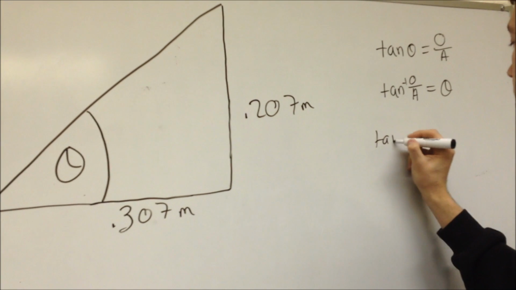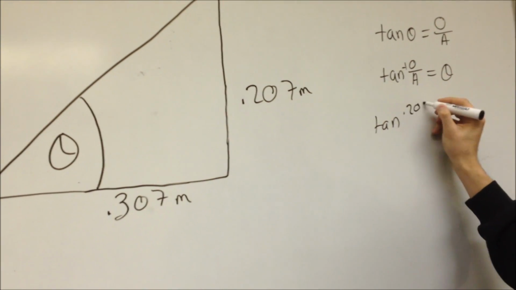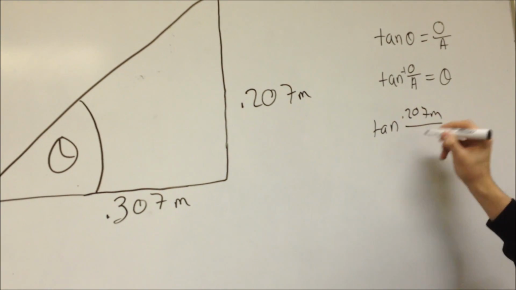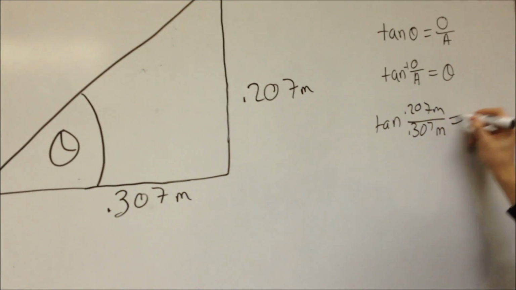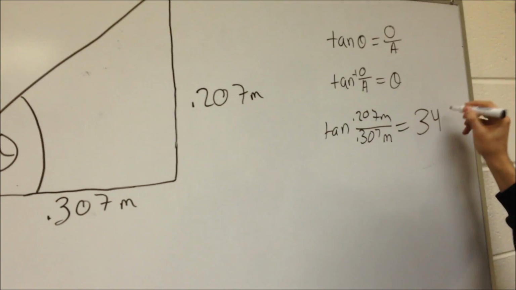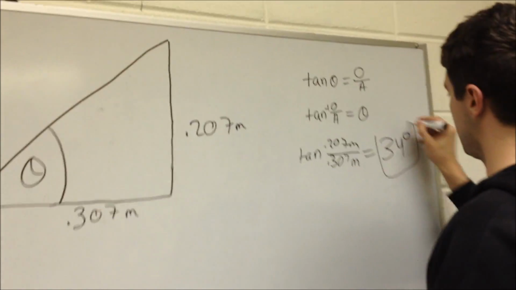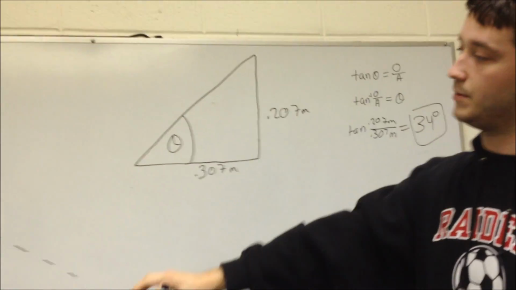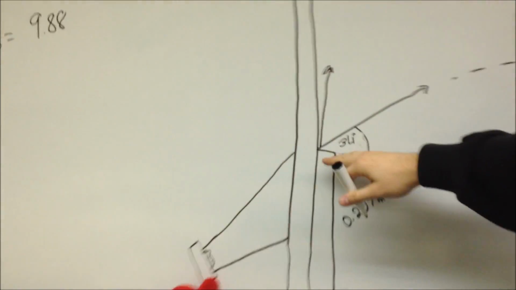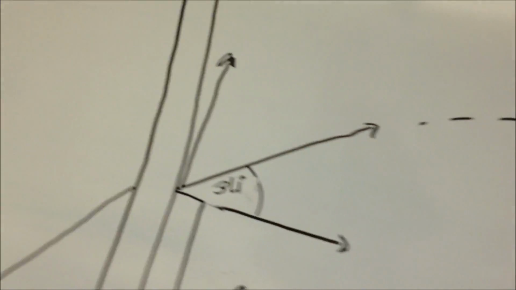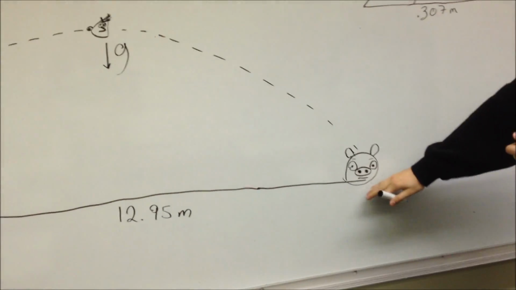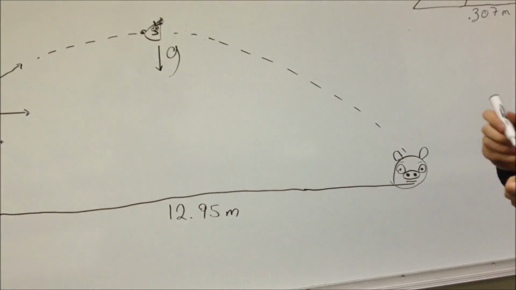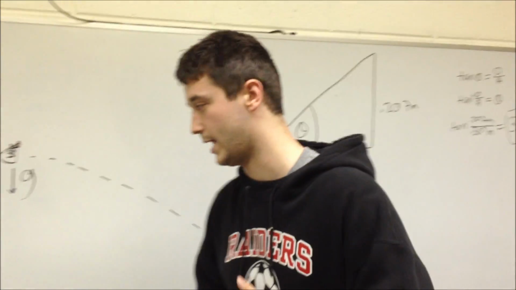So the inverse tangent of 0.207 meters over 0.307 meters equals 34 degrees. Now this angle here is the initial angle we would have to have for our projectile launcher in order for our bird, which is traveling down at g, to hit this pig and essentially kill it, or in theory, that's what would happen.